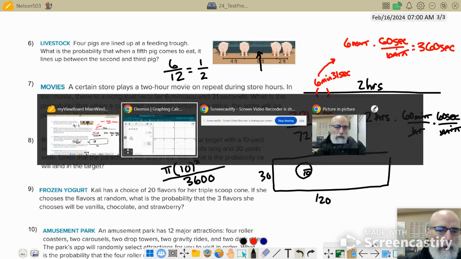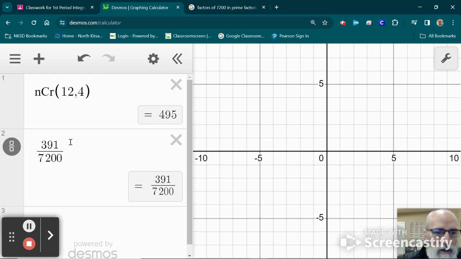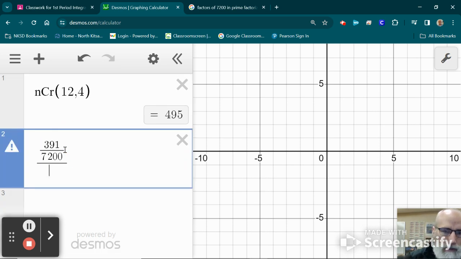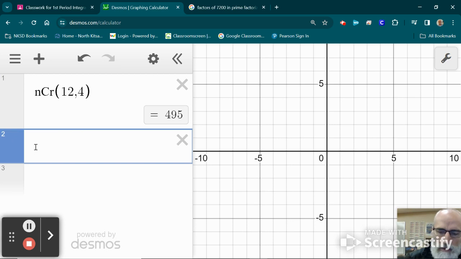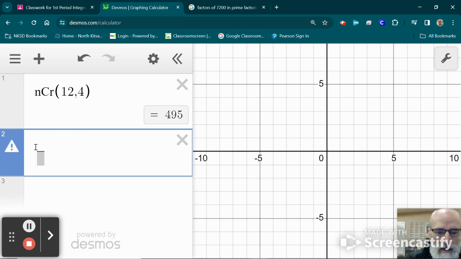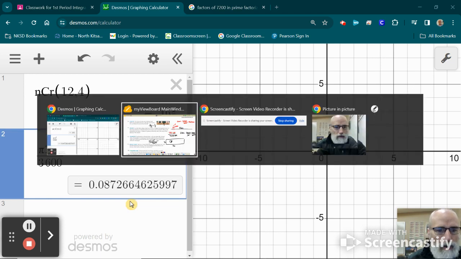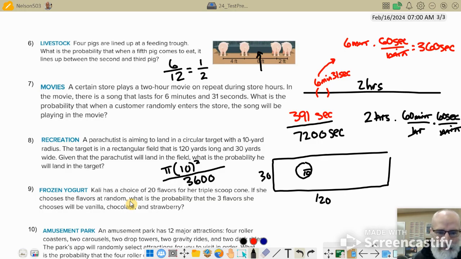And if we want a decimal, we'd have to go over here and go pi times 10 squared. And then we're going to put that all over 3,600, right? 3,600. And here's our decimal, about 8.7%. Let me make sure I have the right numbers over there. I do, I think. 8.7%.